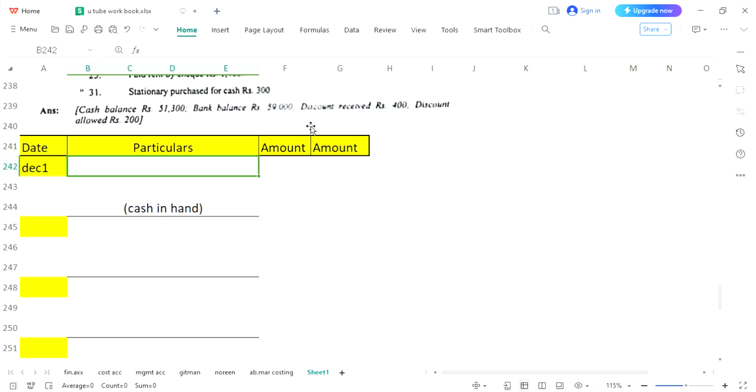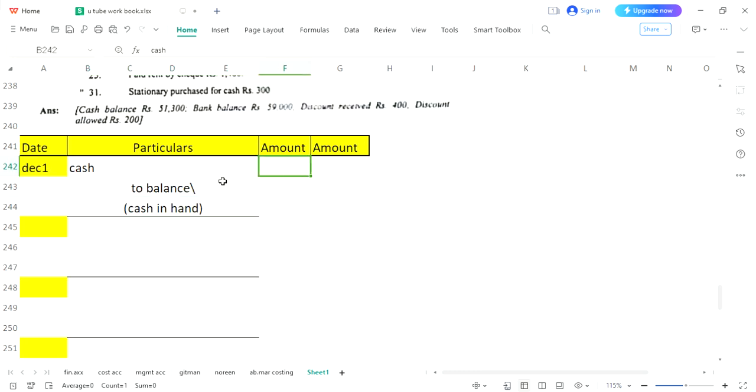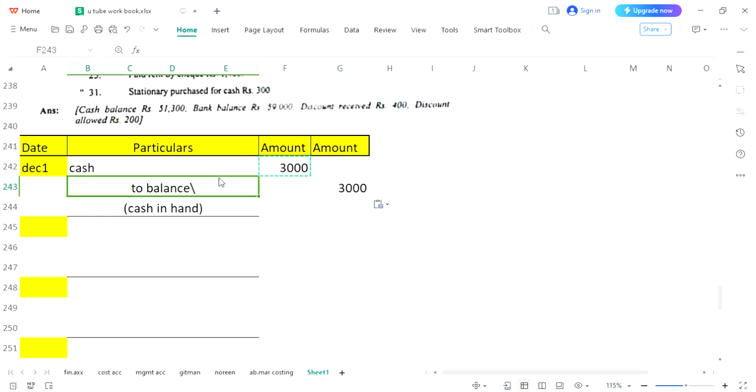It is a favorable asset, and an asset should be debited, so cash is debited. Since cash is not going out or coming in, you will give the reference as balance. How much amount? 3000. Just put 3000 on the debit side, and the same amount would be posted on the credit side. In this way, the first entry has been completed, cash to balance.